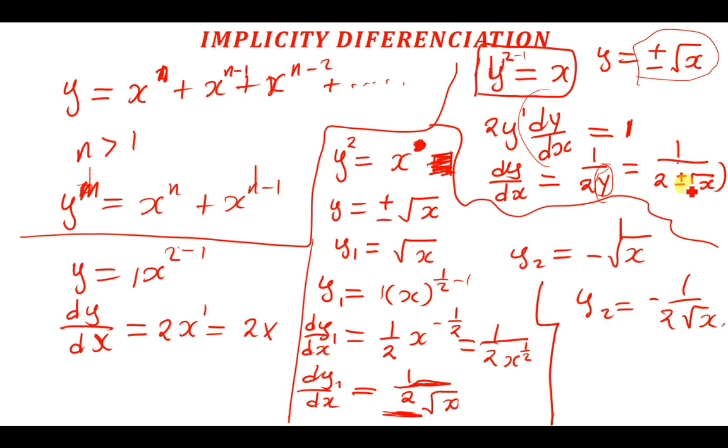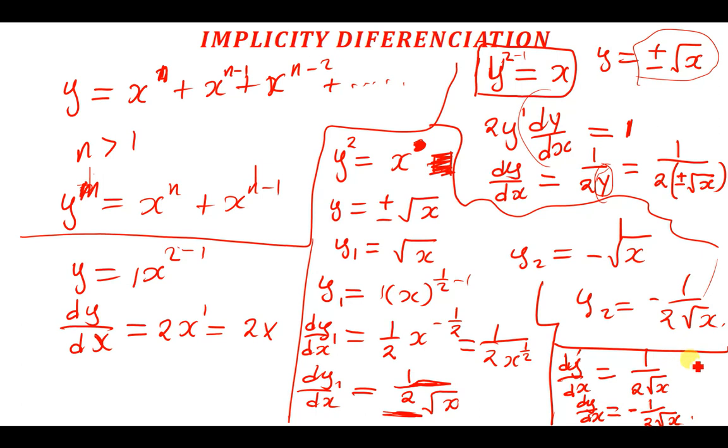Meaning the solutions to the derivative of this equation will be: the first one, dy/dx, is equal to the positive of that, which is 1 over 2 root x, and the other dy/dx will be the negative of that, which is negative 1 over 2 root x. So this is how you do implicit differentiation.